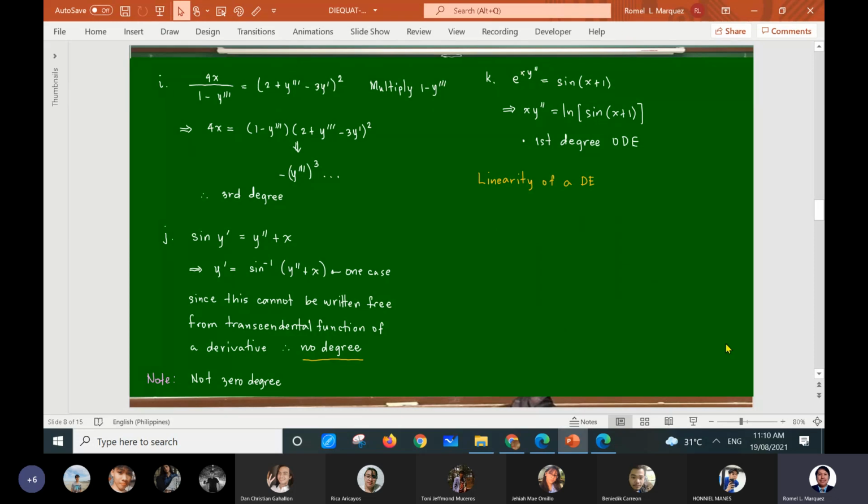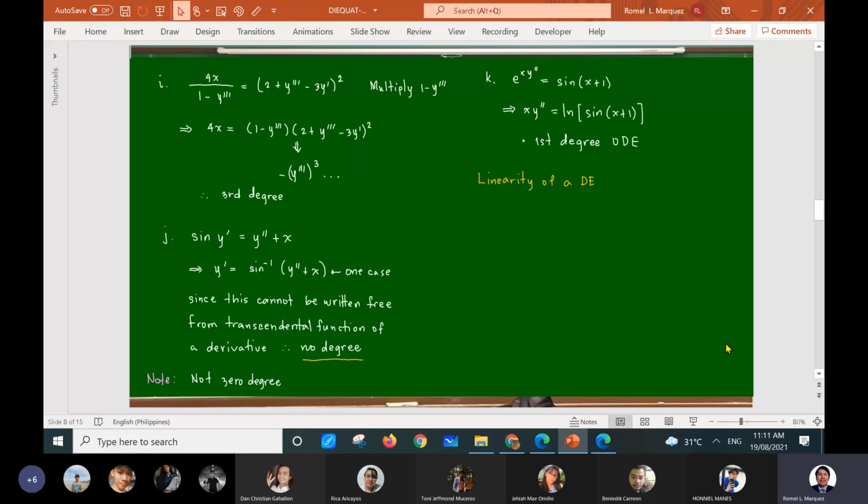And when you talk of linear DE, nonlinear DE, we have to check the degree. Automatic, if a differential equation is not first degree, let's say it has second degree, third degree, fourth degree, automatically it is nonlinear. Clear, guys?